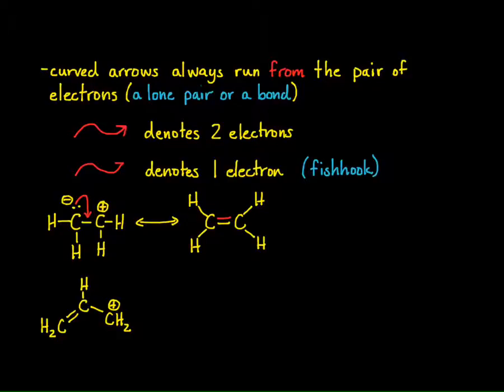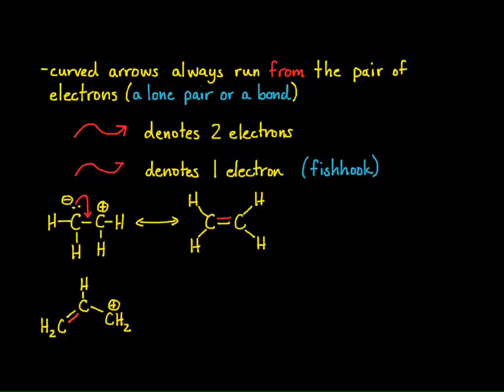Now, you're also going to notice that this happens a lot when you have pi electrons. So when you have a double bond or a triple bond, pi electrons can move easier than sigma bonds. If I move a sigma bond, that means I'm breaking the entire bond between two atoms. That requires much more energy than breaking one bond but still having a bond between the two carbons.